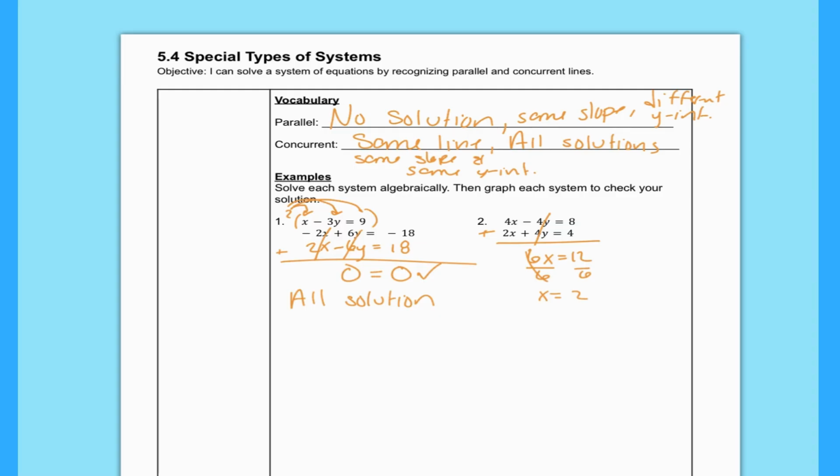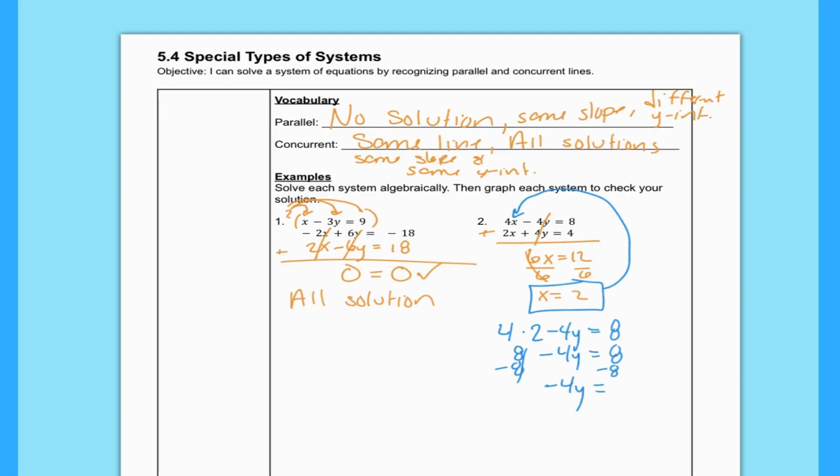And then remember, we take that variable we found and we plug it into one of the equations. So if I know x is 2, I can go up to this top one and replace x with 2. So that becomes 4 times 2 minus 4y equals 8. It's going to be 8 minus 4y equals 8, minus 8 from both sides.